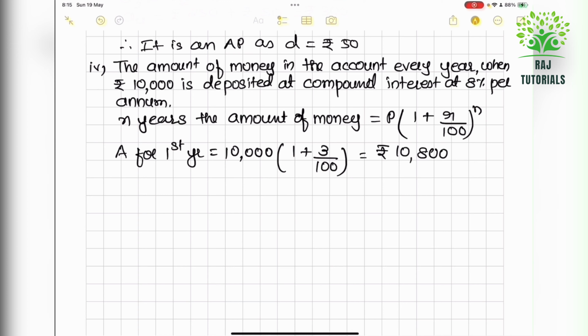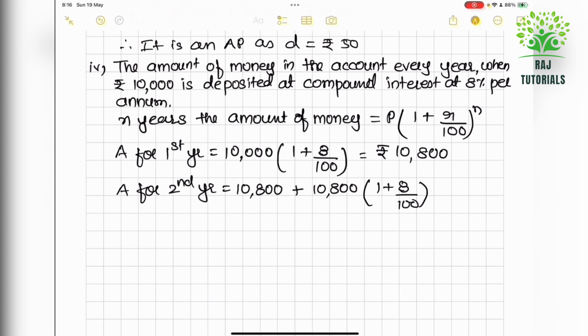So 10,800 plus interest on 10,800. So 10,800 into 1 plus 8 by 100. Sorry, it is 8. So that is coming to 11664.